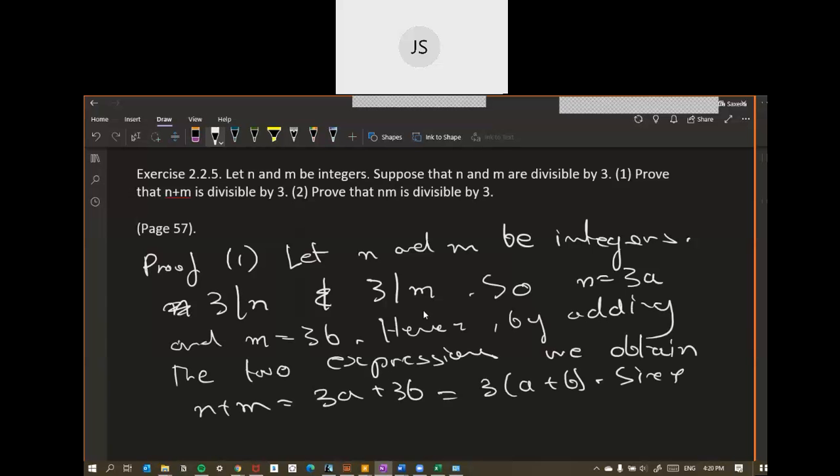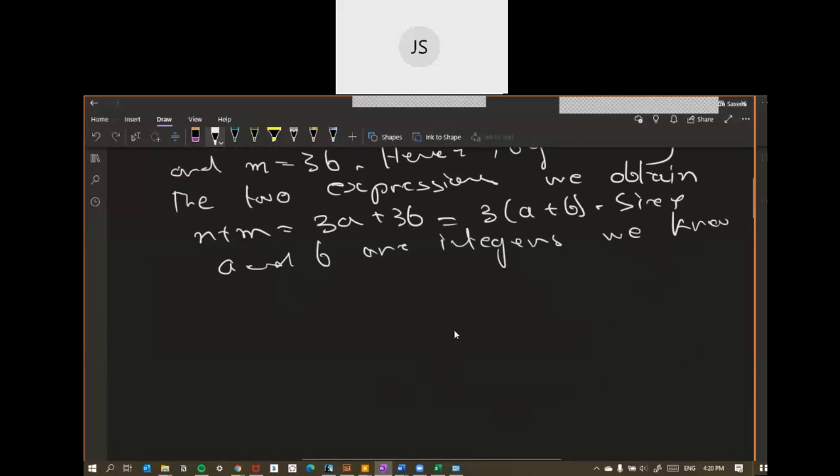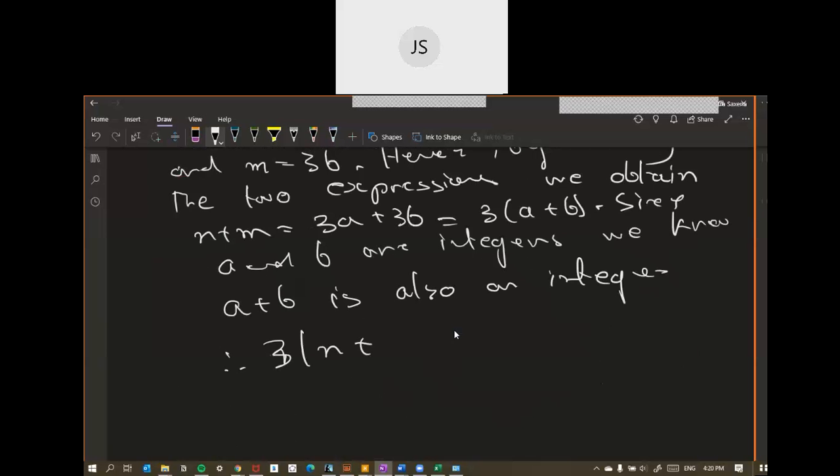Since a and b are integers, we know a plus b is also an integer. Therefore, 3 divides n plus m.